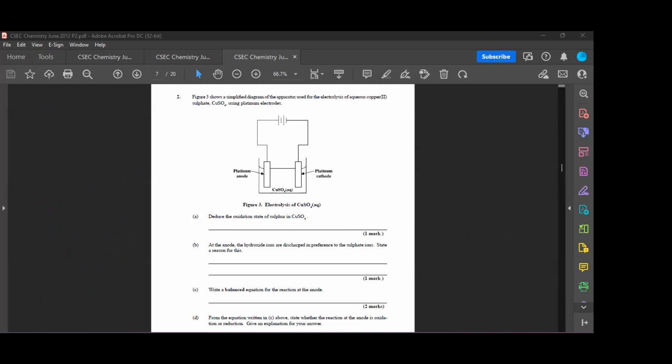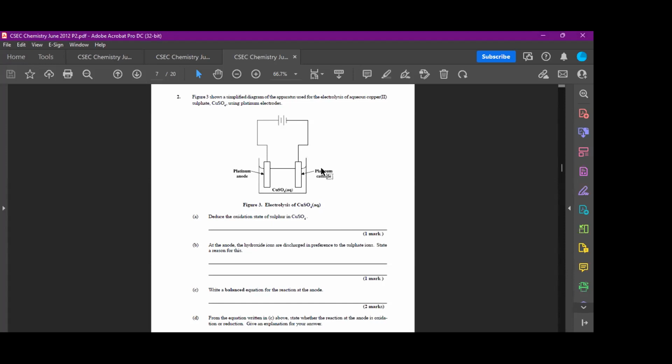Next question asks for the equation of the anode. Anybody knows the equation? Let me see. So the anode would be the sulfate. Sulfate?